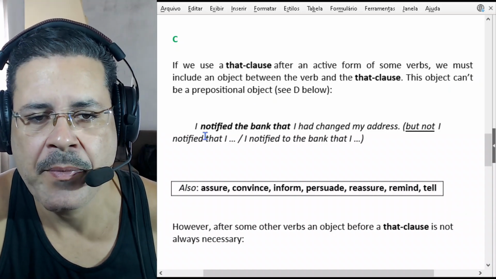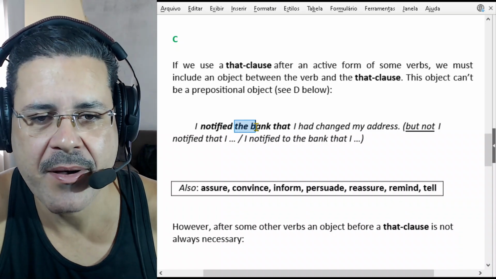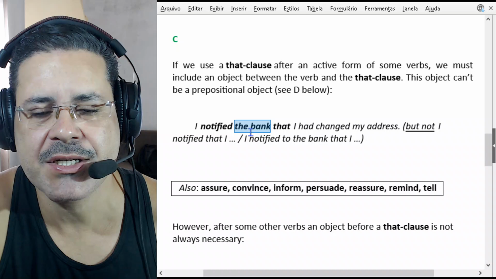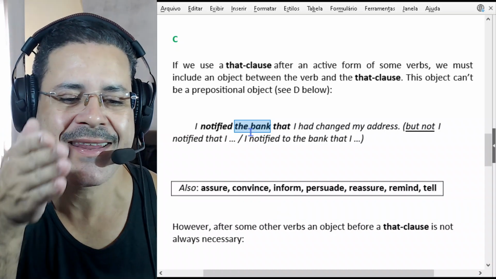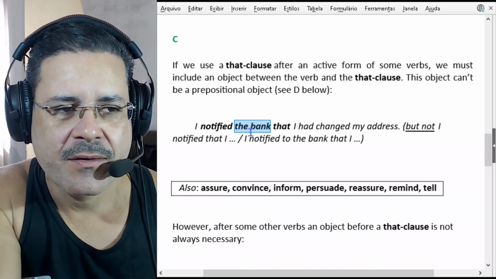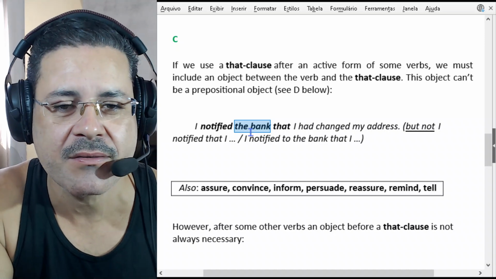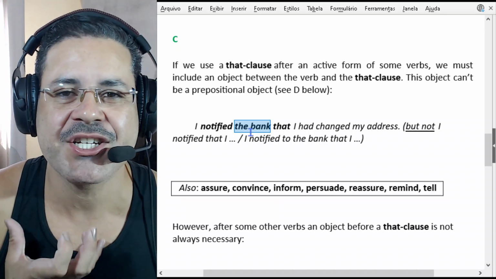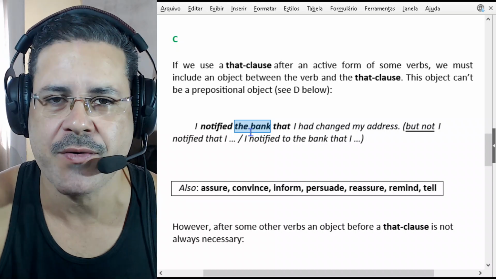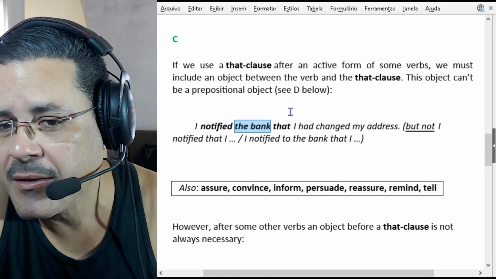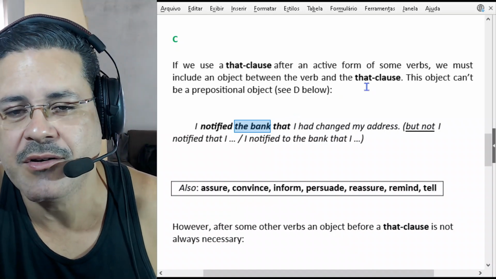For example, I notified the bank that I had changed my address. I notified the bank. You notified what? I notified the bank. Okay, but what about what? That I had changed my address. Oh, okay, I got the idea. You notified the bank that you changed your address. Oh, I got the idea. Yeah.